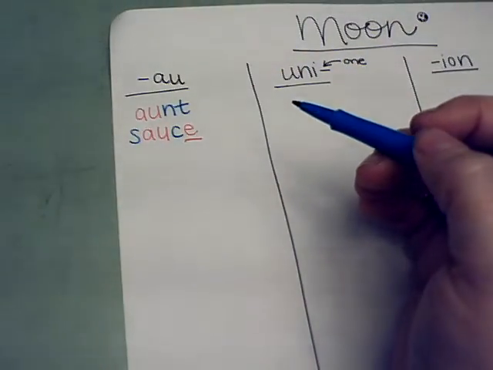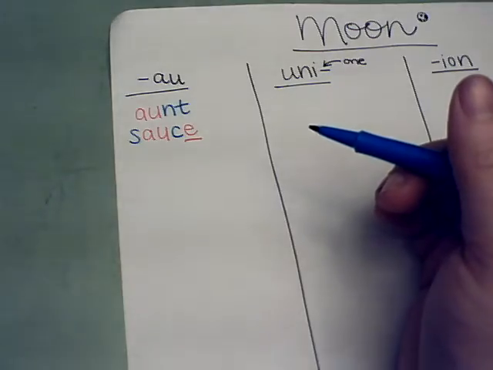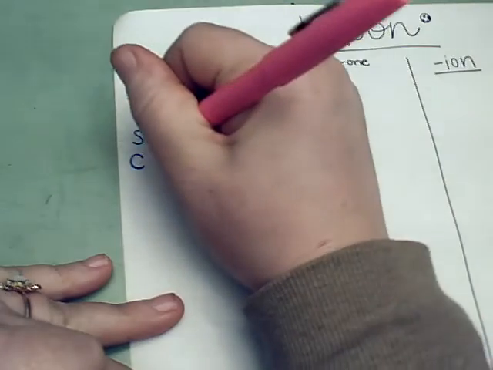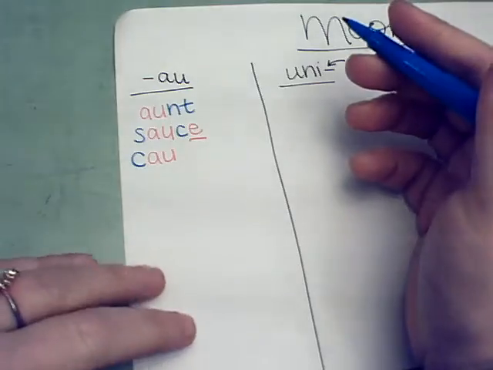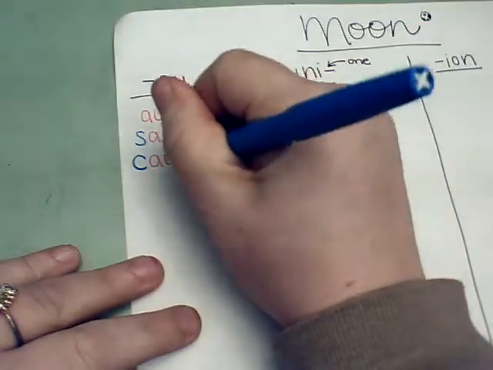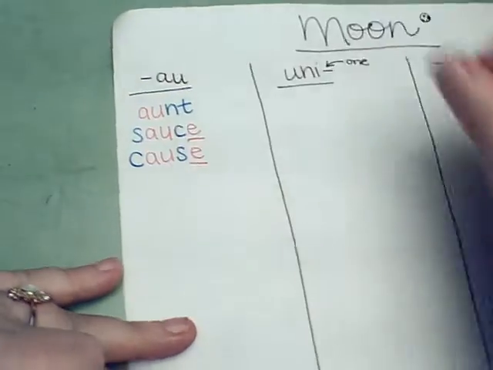We have another one that has a silent E at the end of the word, and that's the word cause, like cause and effect. So we have C, A-U, cause. That Z sound is not a Z. It's actually going to be an S with our silent E after it. Cause.